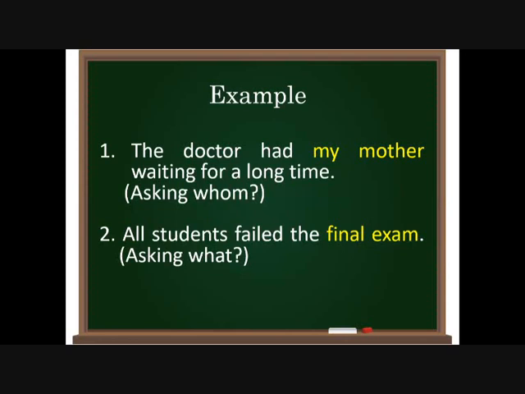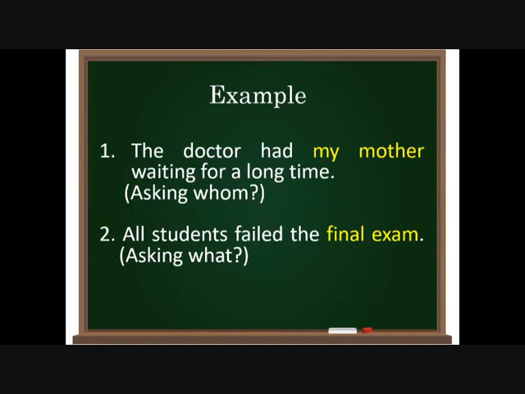By asking the question what did the doctor, we are not getting an answer. But if we ask the verb the question whom had the doctor waiting for a long time, then the answer we get is my mother. That's why my mother is the direct object. In this case, I underline my mother in yellow.